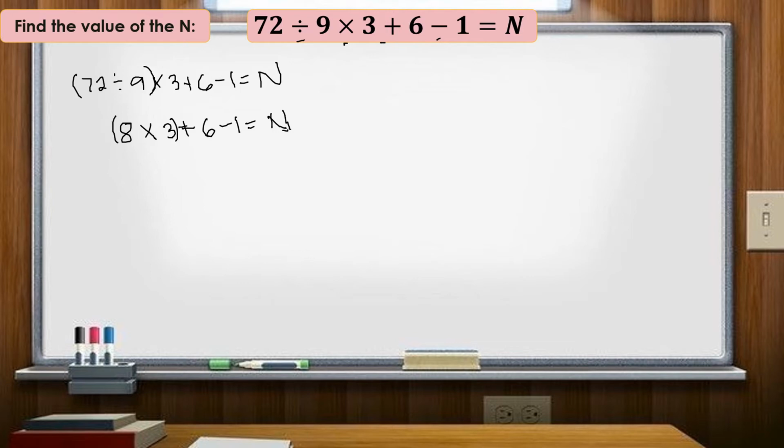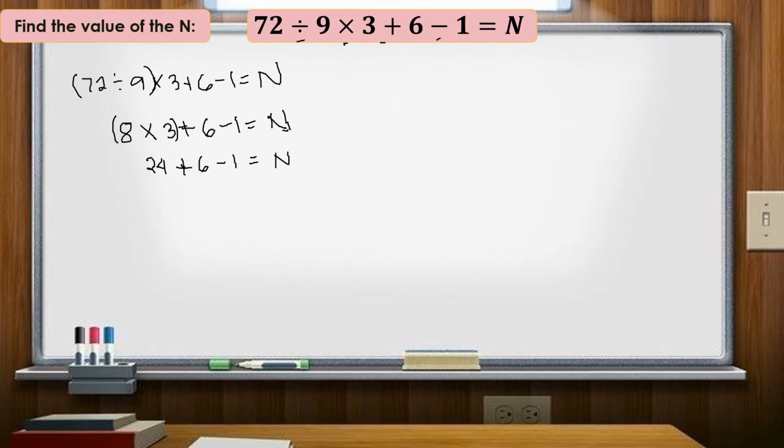Why? Because addition and subtraction come later in MDAS, they are third and fourth. So multiply first: 8 times 3 equals 24. Then copy 6 minus 1. Now we have two operations.